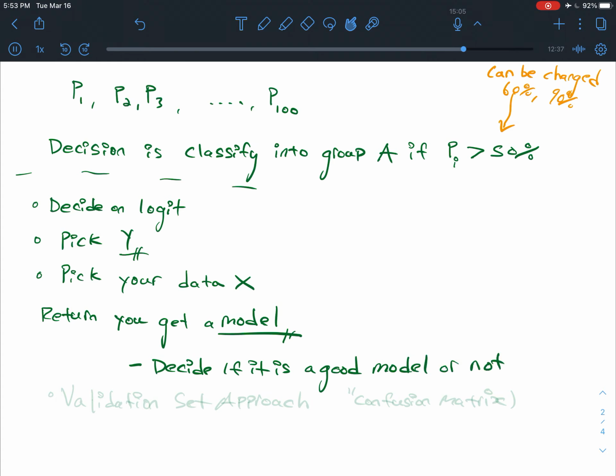Right, and we'll talk more about exactly how we do this, but one thing I'd like you to look at is the validation set approach, which will be another video. And this will help us decide if this is a good model or not. So another thing, maybe like the confusion matrix, would be another thing to look at.